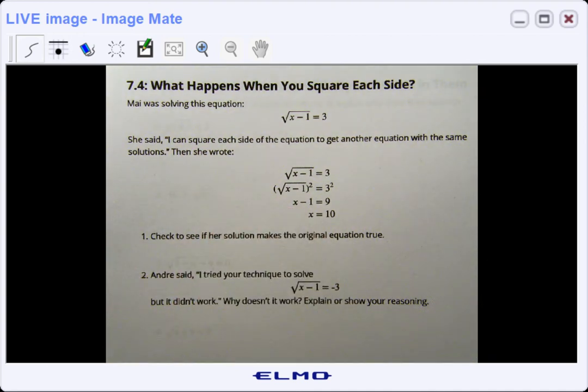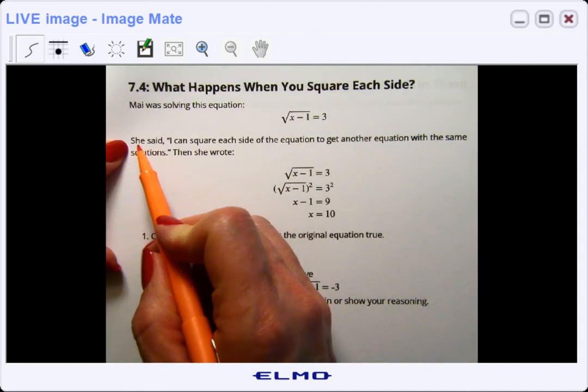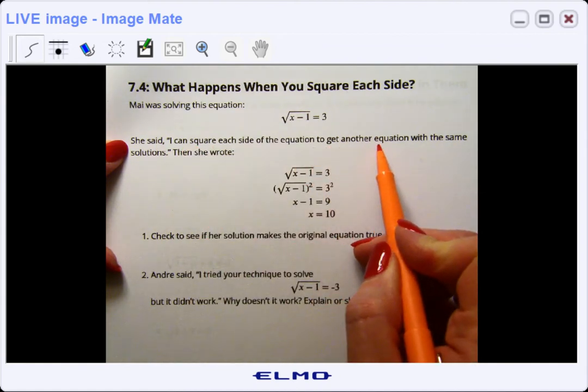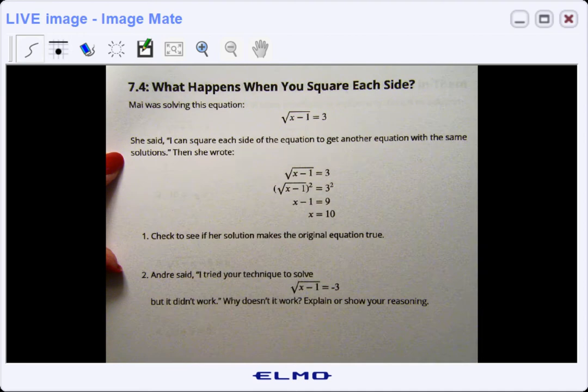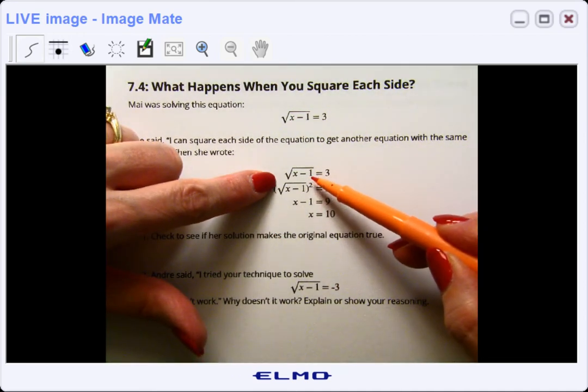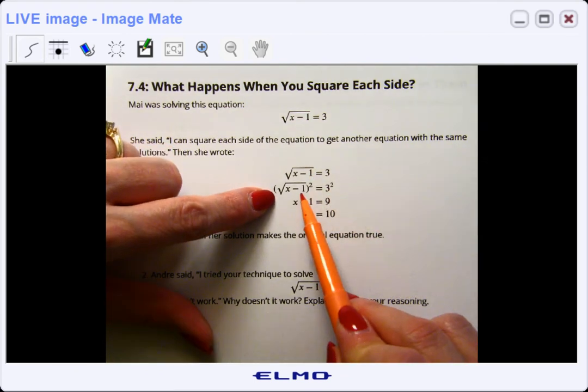All right. So she said, I can square each side of the equation to get another equation with the same solution. Well, that kind of makes sense, right? So if we started with the square root of x minus 1 equals 3, then we could square both sides.